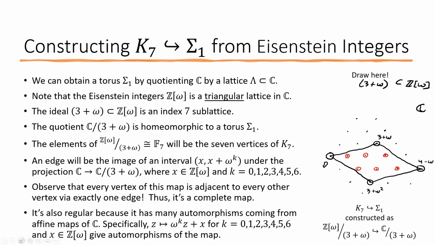And I'm going to get a complete graph on 7 vertices by connecting these points using these edges like this. And also need to have these edges. I think it comes here.